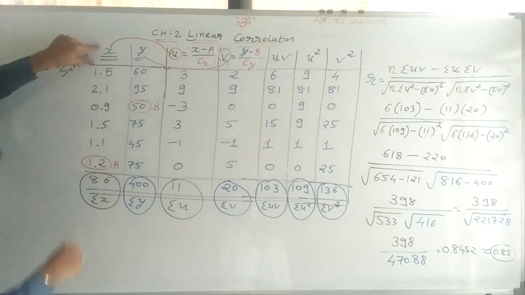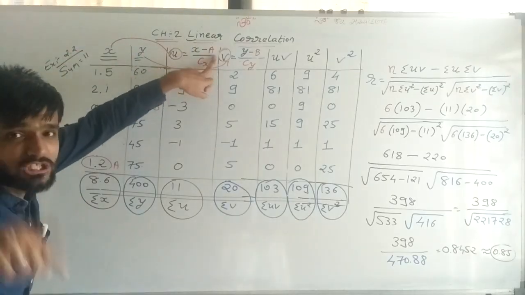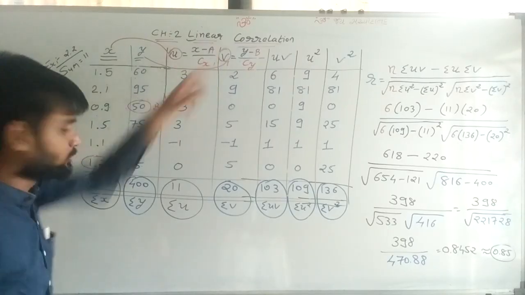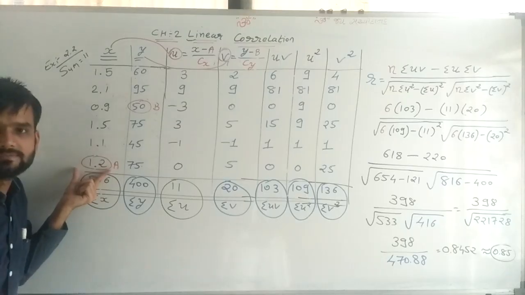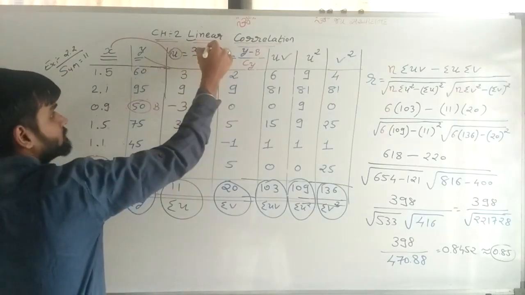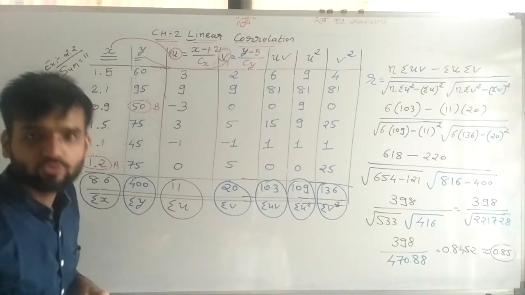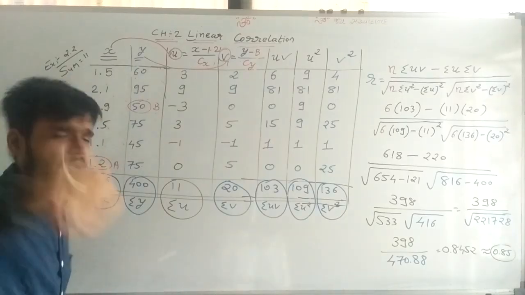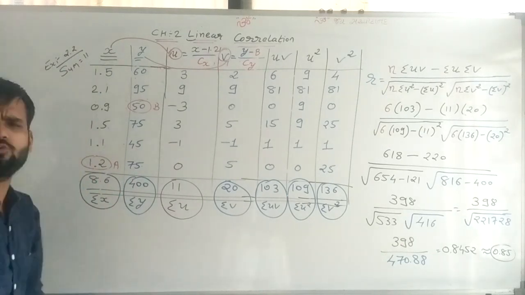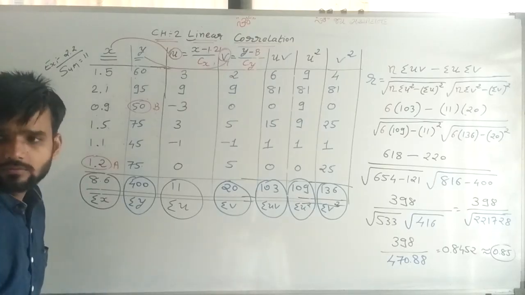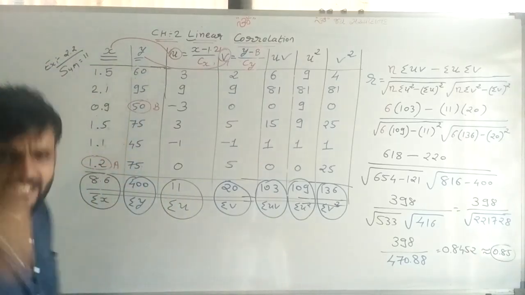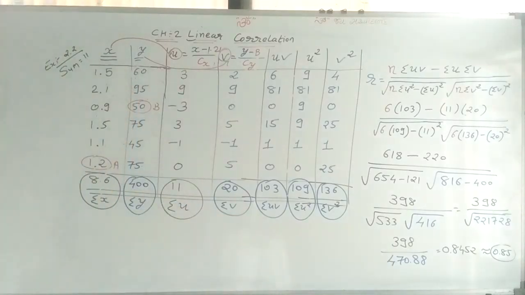Now from these values of x, we deduct a, an assumed value. Here I have assumed 1.2 only. So I am writing here, instead of a, the assumed value is 1.2. You can assume 1.1, you can assume 1.5, you can assume 0.9, whatever you want to assume. But here I have assumed only 1.2.